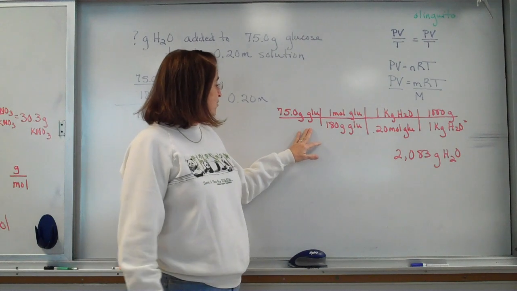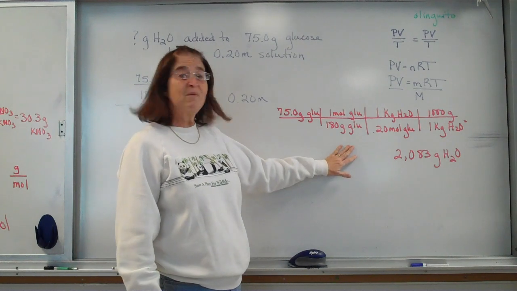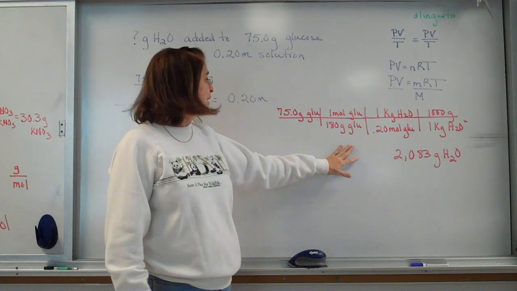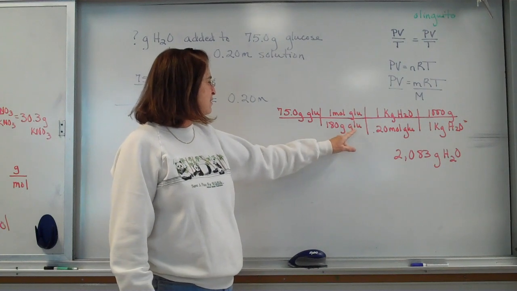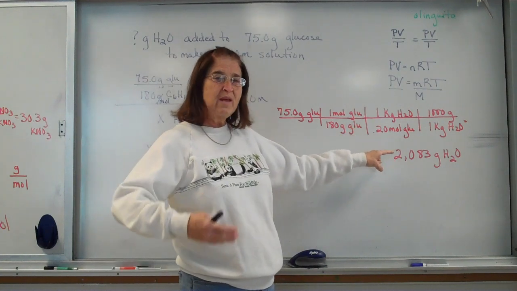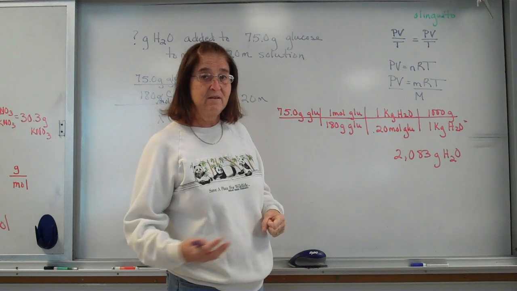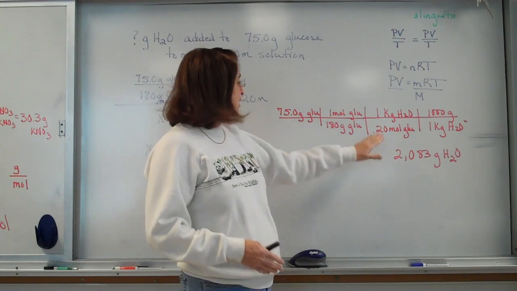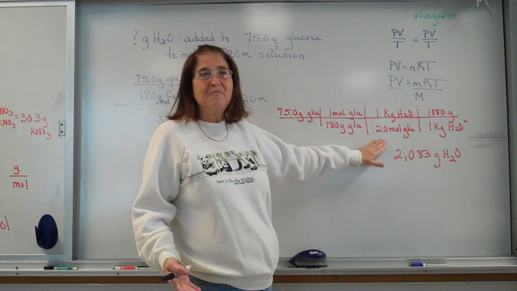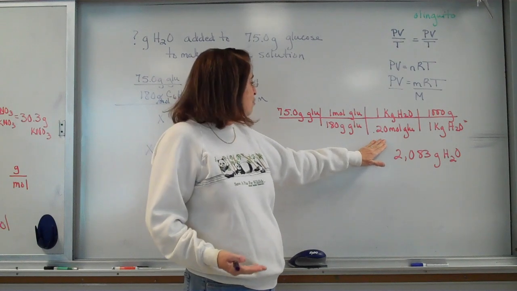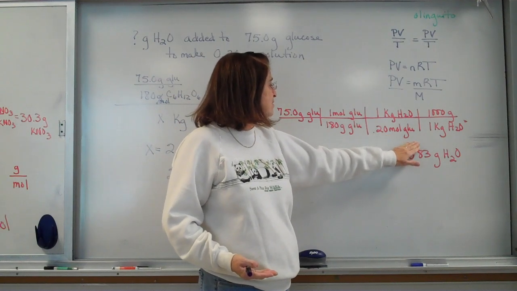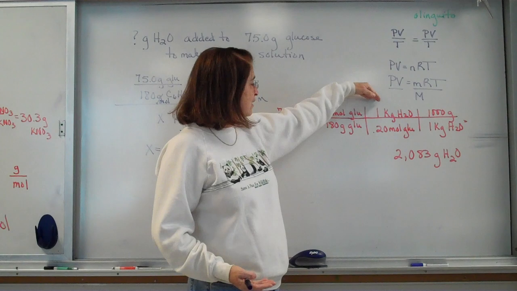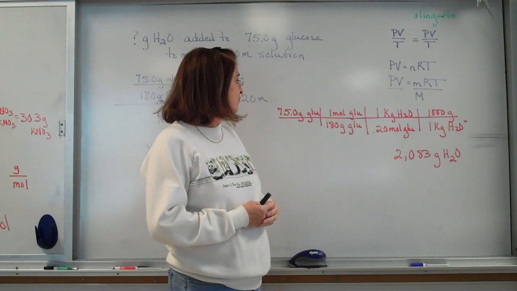I can factor label from grams of glucose to moles of glucose by using the molar mass. Now I'm in moles of glucose and I want to get to my solvent. I would do that by using the concentration of 0.20 moles of glucose is present in 1 kilogram of water.